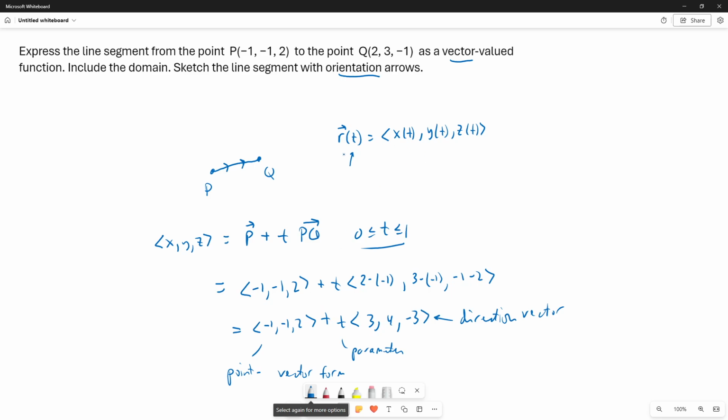So we see then that our R of t is x of t, which is -1 plus 3t, or 3t minus 1. The y is -1 plus 4t. This is a t here, not to be confused with the plus sign. So we're distributing the t and then combining by adding the vectors. So -1 plus 4t, and finally 2 minus 3t.